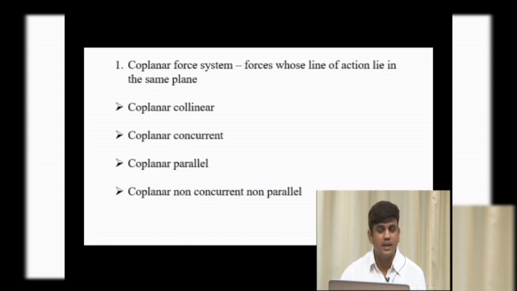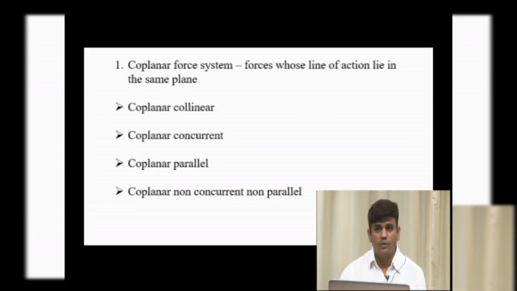Line of action is a characteristic of a force. Under coplanar, where the forces lie in the same plane, we have four parts: coplanar collinear, coplanar concurrent, coplanar parallel, and coplanar non-concurrent, non-parallel.